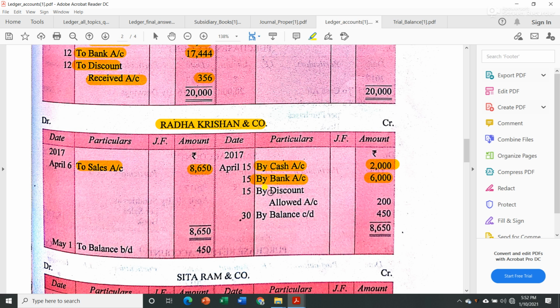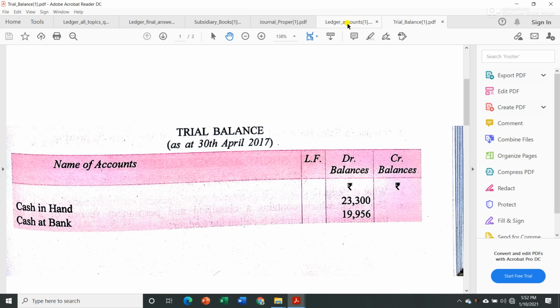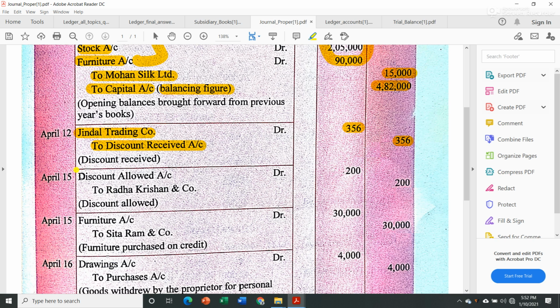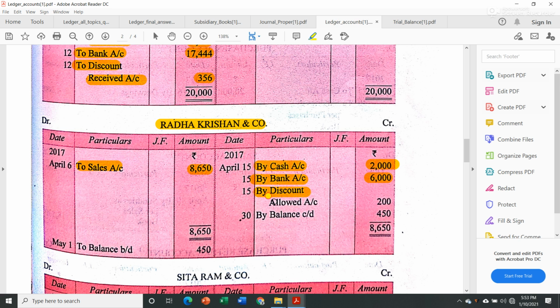Then again we allowed discount. For that we have to pass journal entry. Here discount allowed account debit to Radhakrishnan and Company. So since we are posting in Radhakrishnan and Company, we will put by in front of by discount allowed, and we will write here by discount allowed account rupees 200.